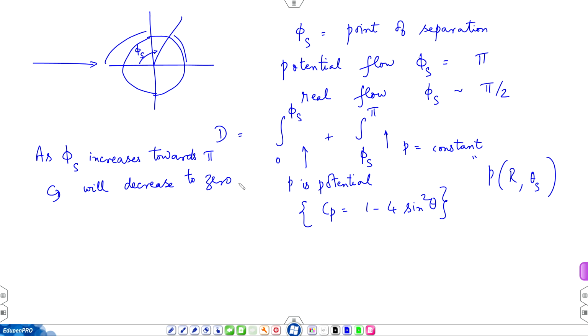So, as the point of separation goes towards the rear stagnation point, the pressure variation will be potential, for which drag coefficient is 0. So, now the question is how can we make phi s increase towards pi. So, one possibility is to weaken the adverse pressure gradient.